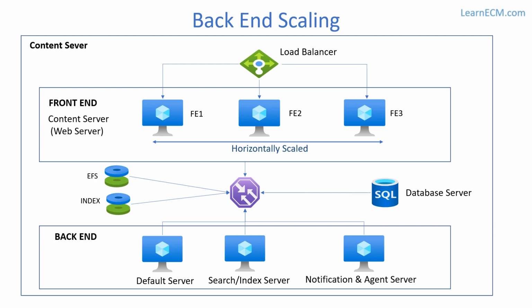Multiple users can connect to the system simultaneously, and depending on a particular organization, we need to decide the proper number of front-end and back-end servers. So we need to do the scaling and sizing activity, which is a separate activity that we need to do before we can finalize a particular content server installation.